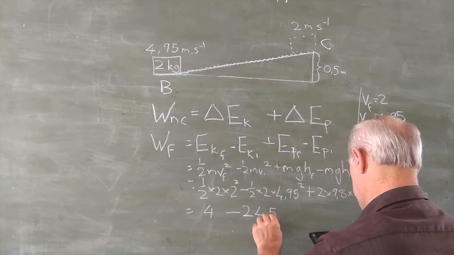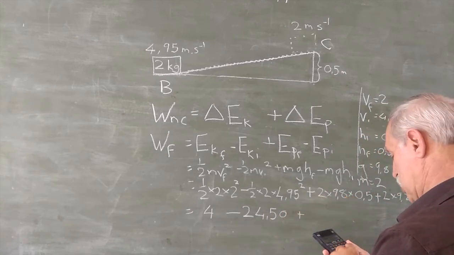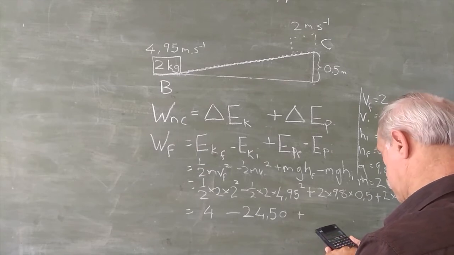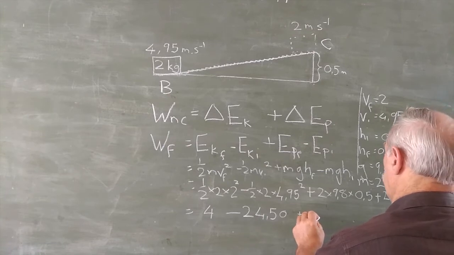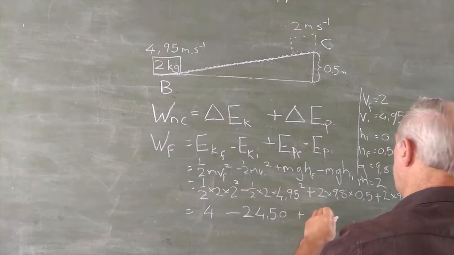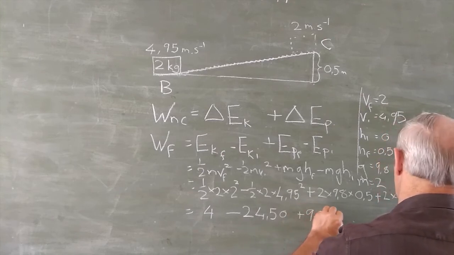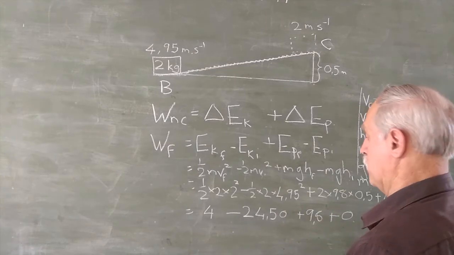is 24,5, plus 2 times 9,8 times 0.5, equals 2 times 9,8 times a half. I guess that cancels, so we're left with 9,8 plus 2 times 9,8 times 0.